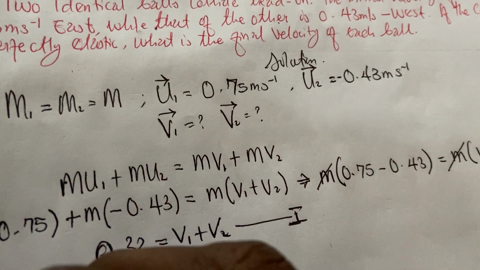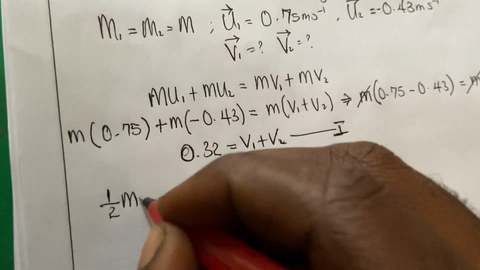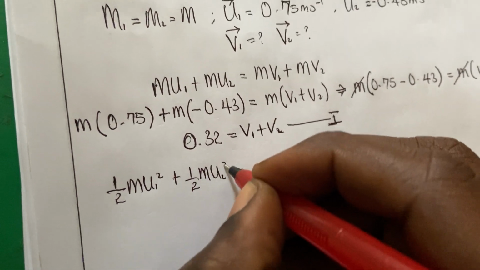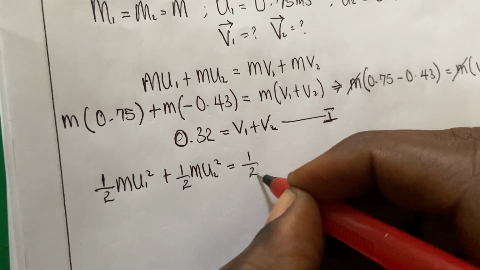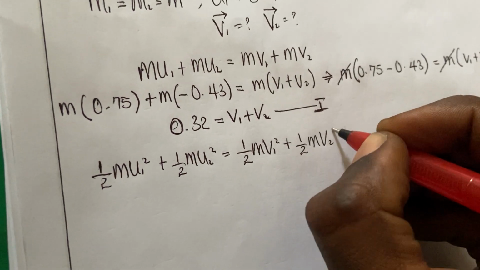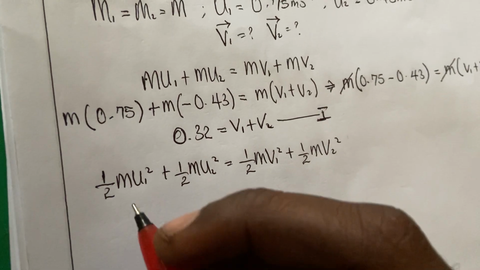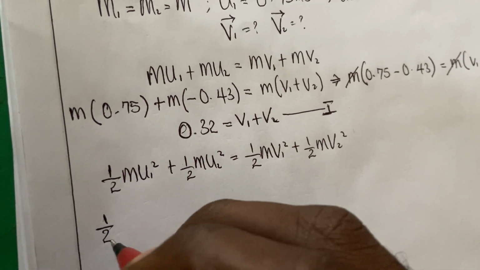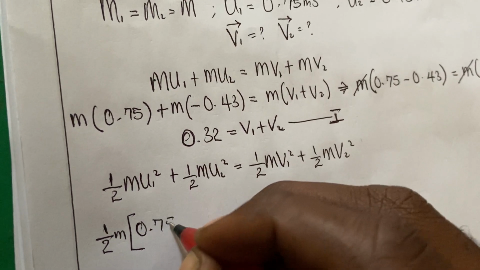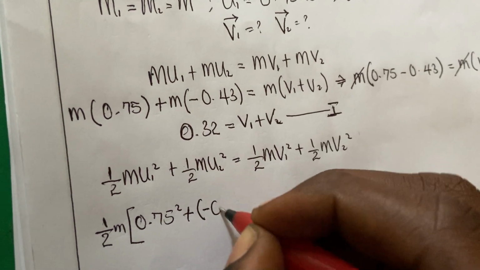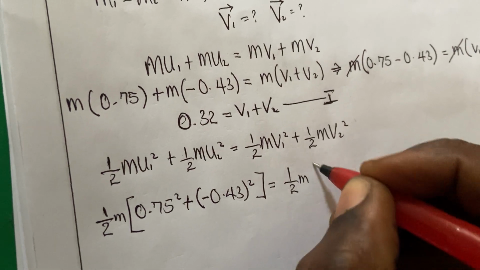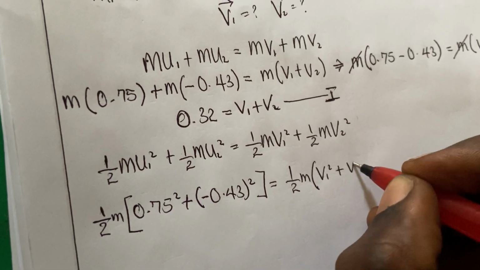So I'm going to write the formula: half m u1 square plus half m u2 square equals half m v1 square plus half m v2 square. I'll factorize half m out, so we'll be having 0.75 square plus minus 0.43 square equals half m times (v1 square plus v2 square).